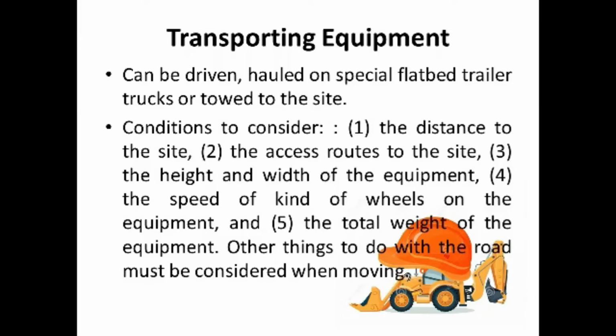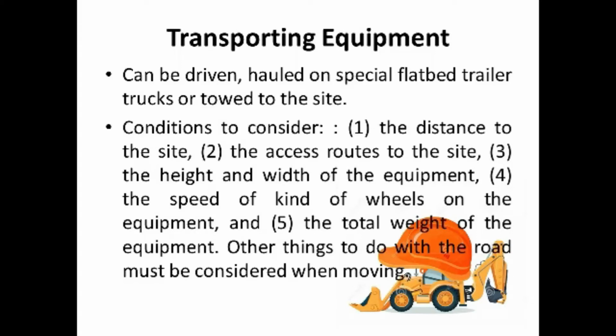Ang pagta-transport din itong ating mga earth-moving equipments ay maaari maging complicated. So, we have to consider the distance to the site, the access roads to the site, the height and width of the equipment, the speed of kind of wheels on the equipment, and the total weight of the equipment. So, aside from these factors or these considerations, we also have to consider the things to do with the road.